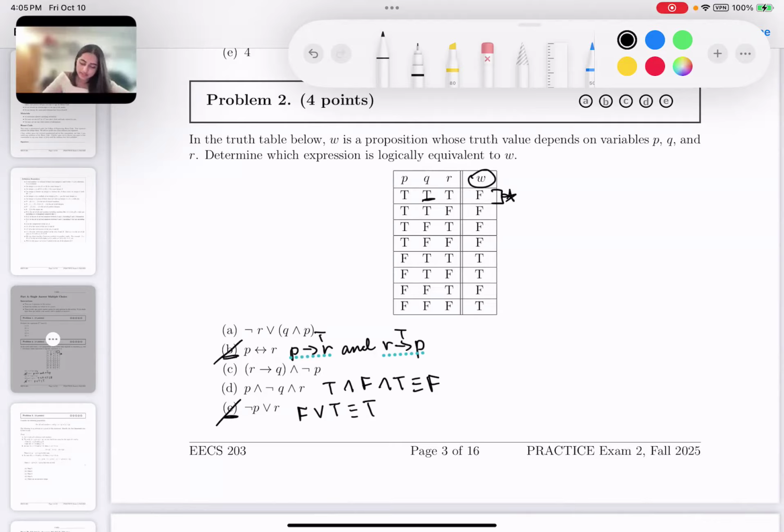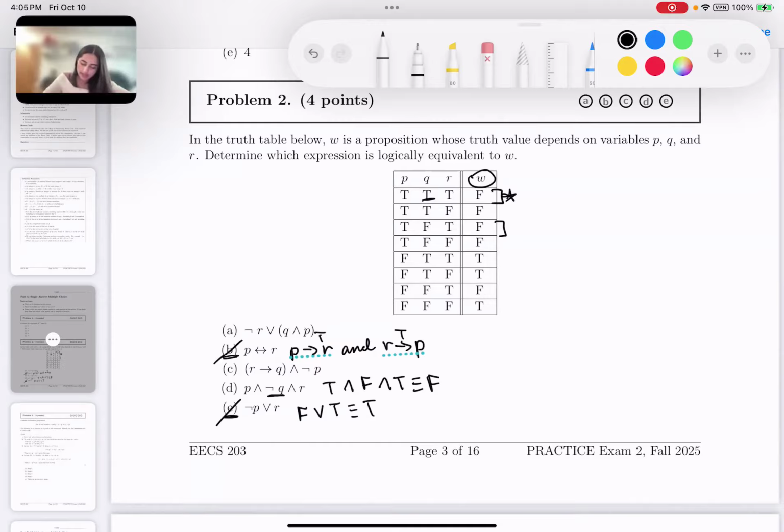Let's look at this row, true, false, and true. The reason that I chose this row to consider for this answer choice is because it's evident that Q is going to be false while P and R are both true, and we are negating the value of Q over here. So we know that we should get a true value for this expression.